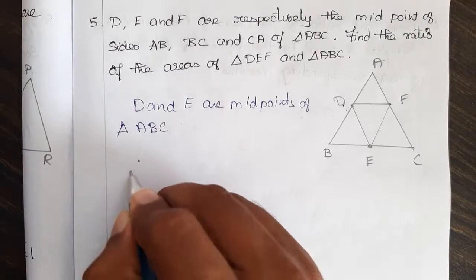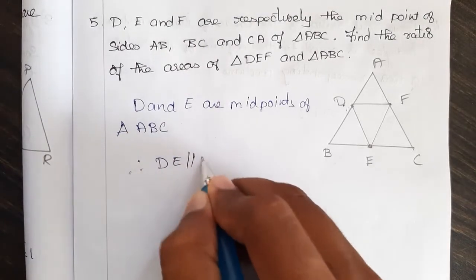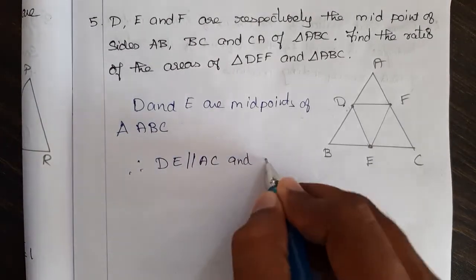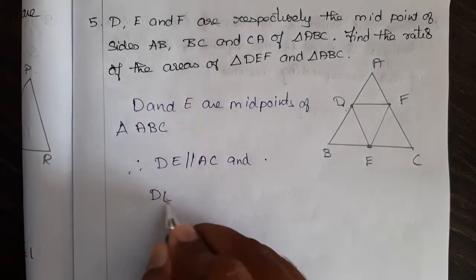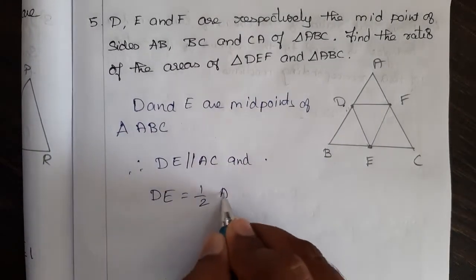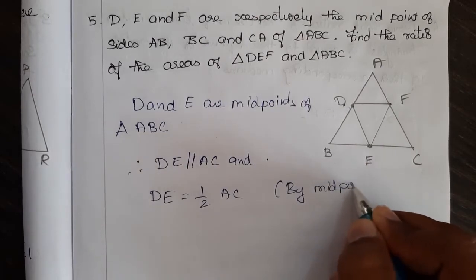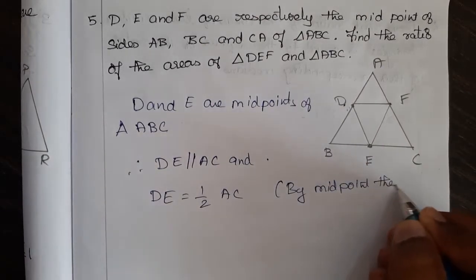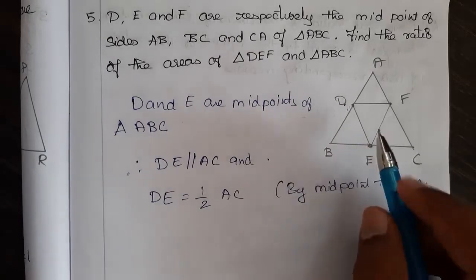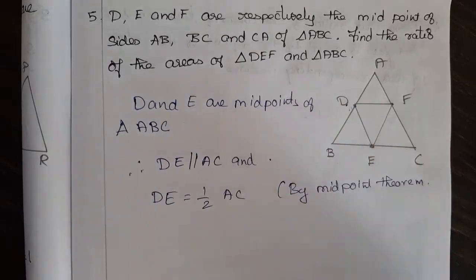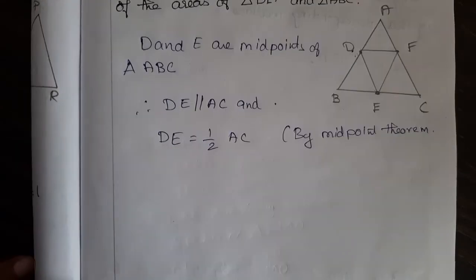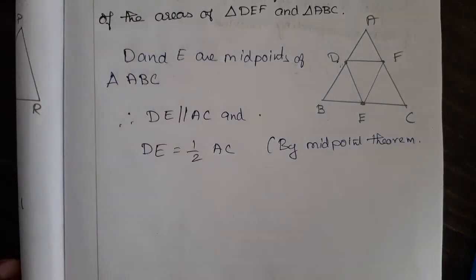Therefore, DE is parallel to AC, and we can say DE is equal to half of AC, by the midpoint theorem. We have learnt already that the line containing the two midpoints will be parallel to the third side. So let me choose the two triangles.